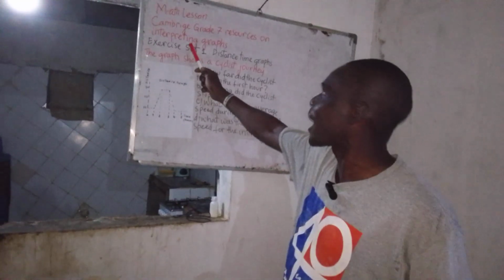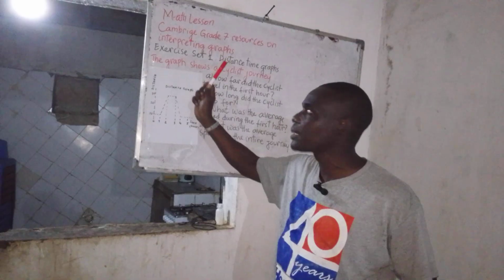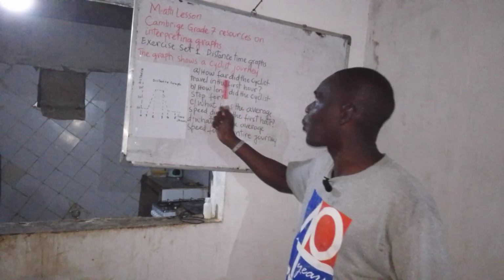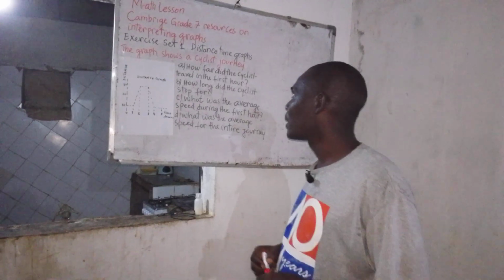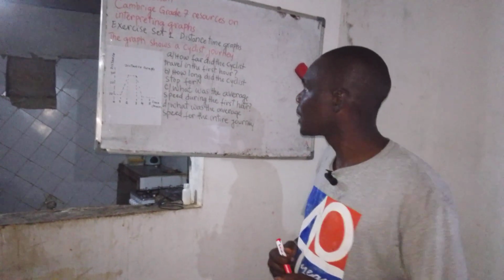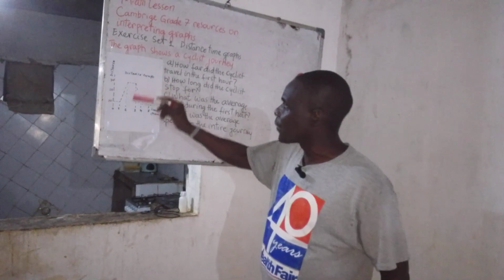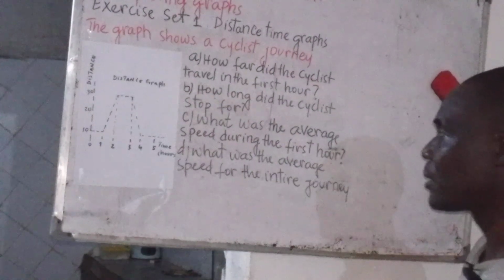We have here Cambridge grade 7 results on interpreting graphs. Exercise set 1, distance time graphs. The graph shows a cyclist's journey. We have here the graph and we have some questions.